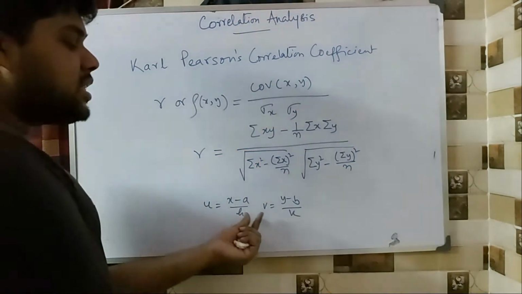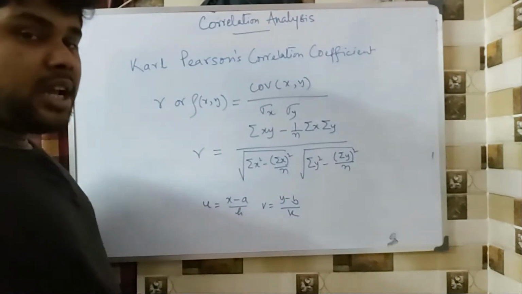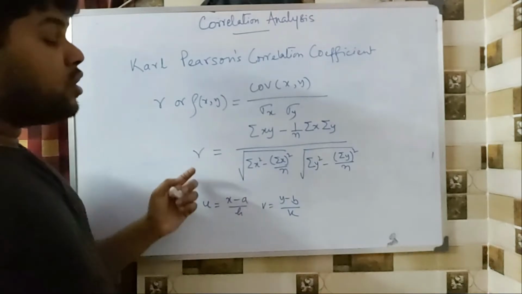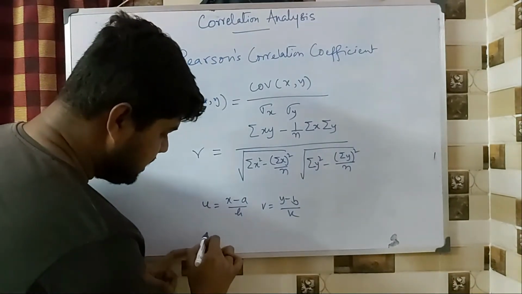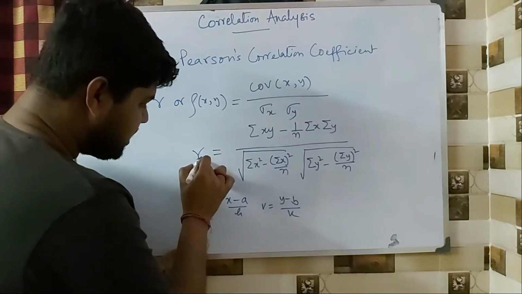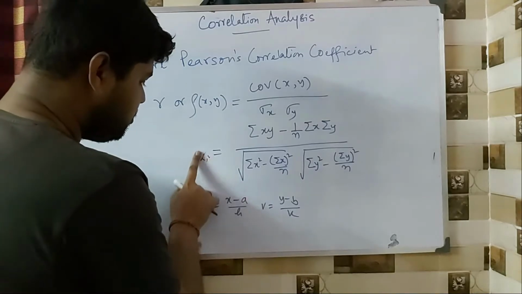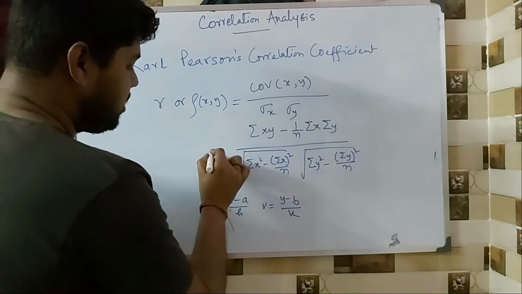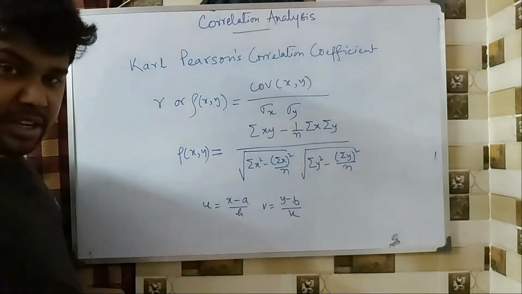That is the reason why, even if I change the variables, the value of r remains the same. It is better to use rho xy just to give you the perspective.